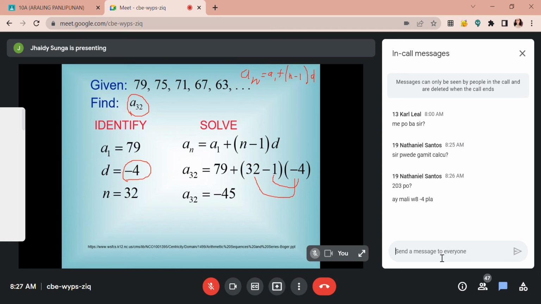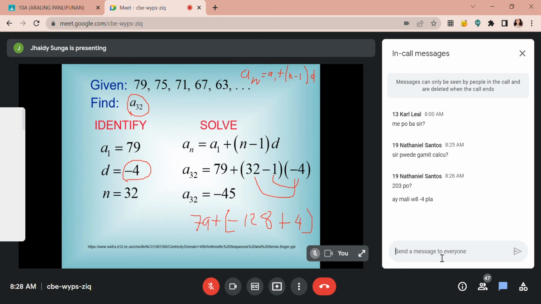And what would be the answer for 32? It will be negative 128. Is it minus or add? It would be add. So after this one, we will add it to 79.